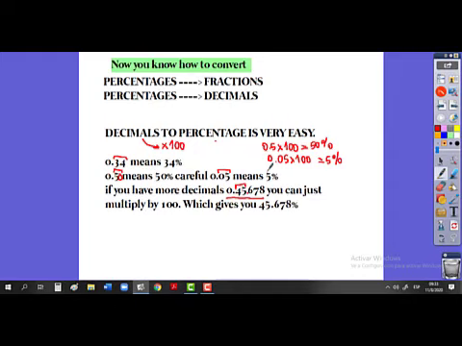But why do we need to change percentages to decimals to fractions? The first thing and the most important thing is that we need to know they are equivalent, right?